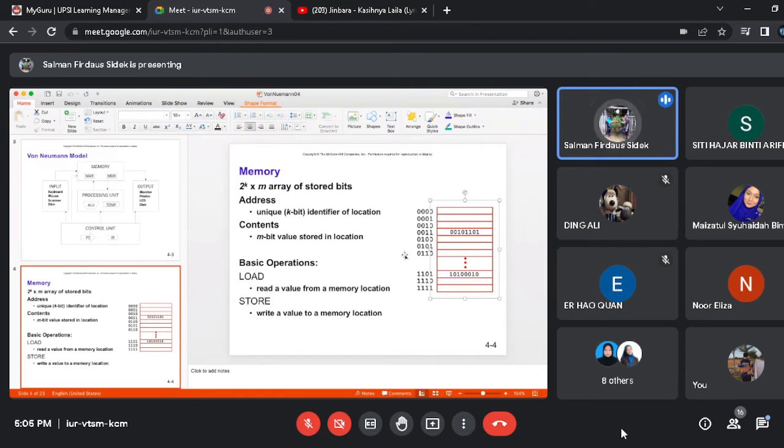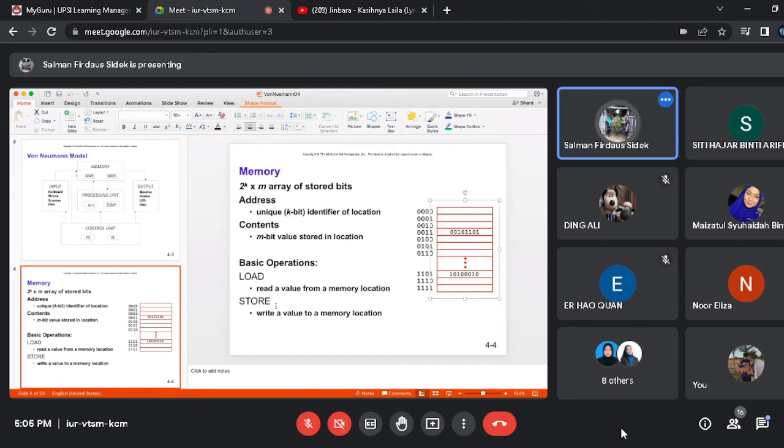Loading. And then the second operation is store. Store means write a value to a memory location. So what's your understanding about this? Write a value to a memory location. CPU to memory.